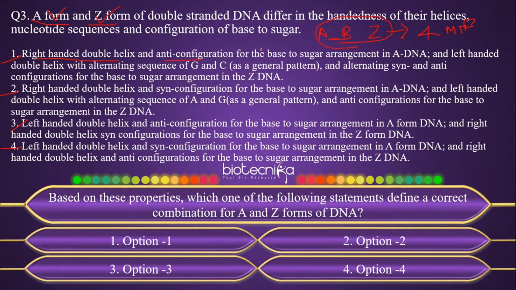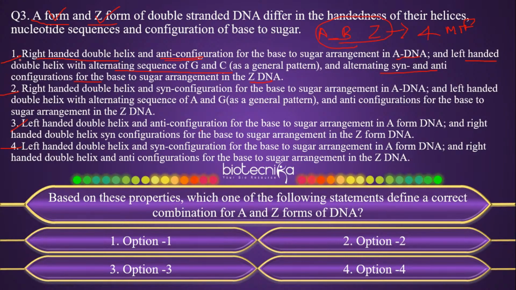Got it? So let me see how many of you are able to give this answer correctly. Right-handed double helix and anti-configuration present in A DNA. Left-handed helix with alternating sequence of G and C, and syn and anti-configuration present in the Z DNA.